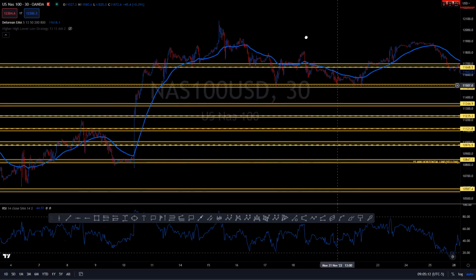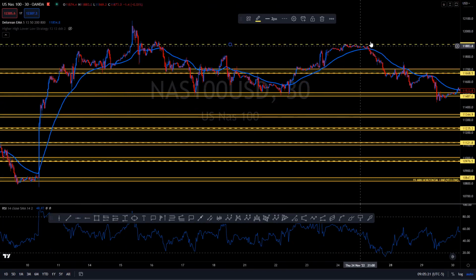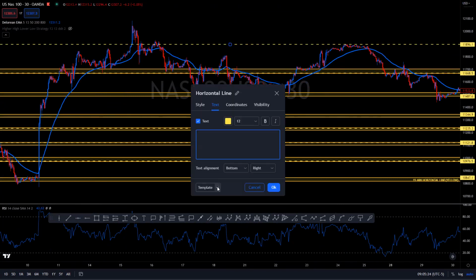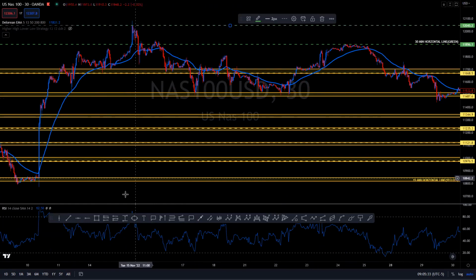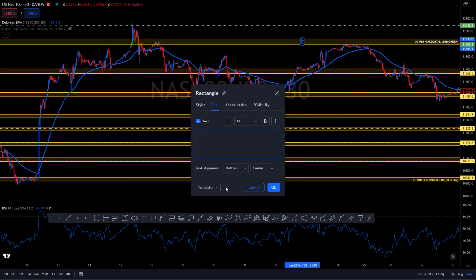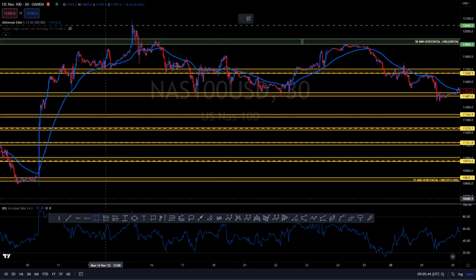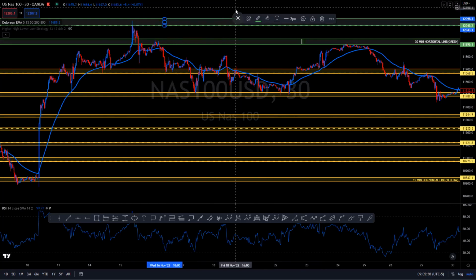But there's the next area that we can actually mark up. See, there was a huge supply there. So that's more appropriate there. Let's see.